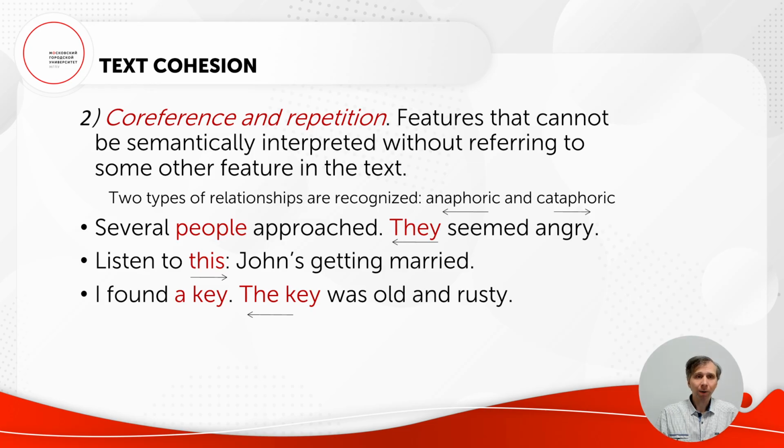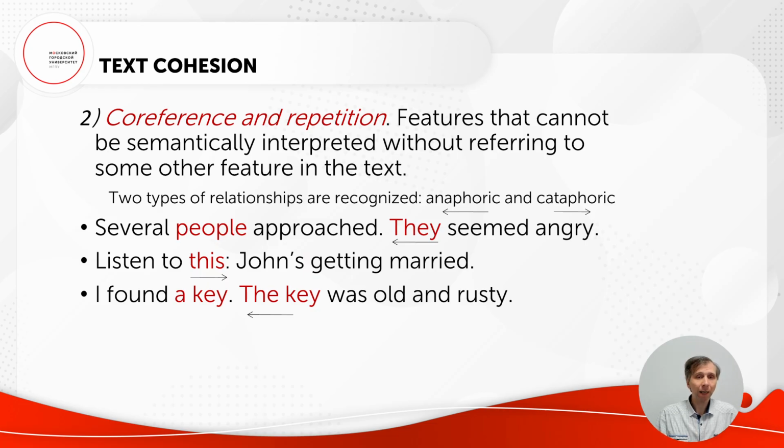The second type of cohesive elements deal with co-reference and repetition. These are the features that cannot be semantically interpreted without referring to some other feature in the text. In other words, they are the elements which refer you to some other point in the text and therefore glue the text together.